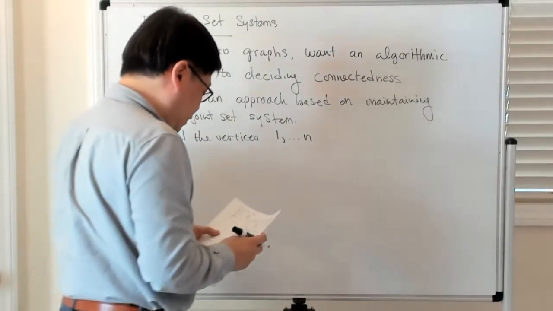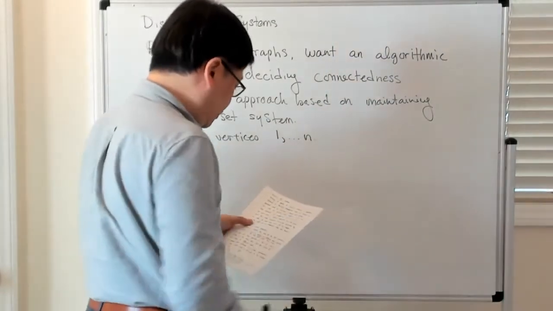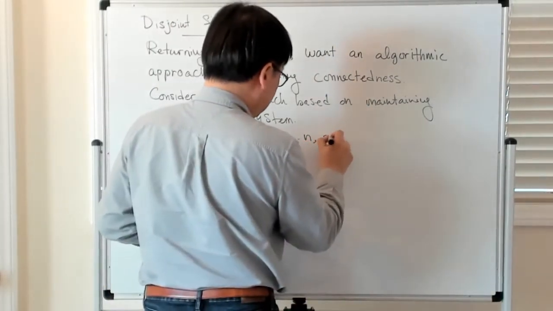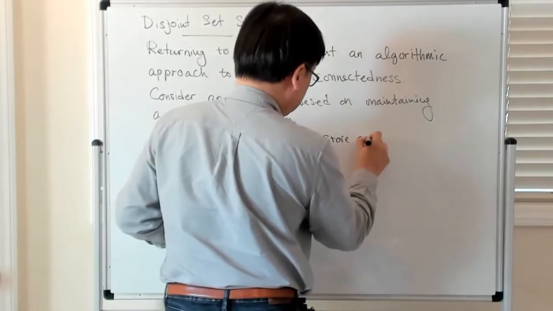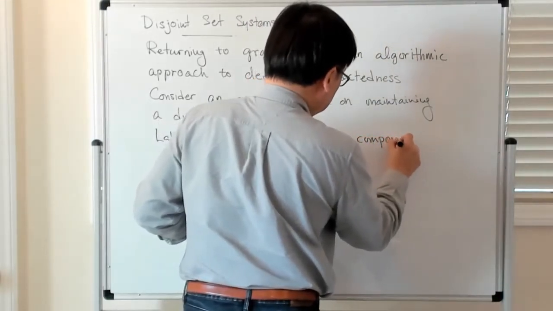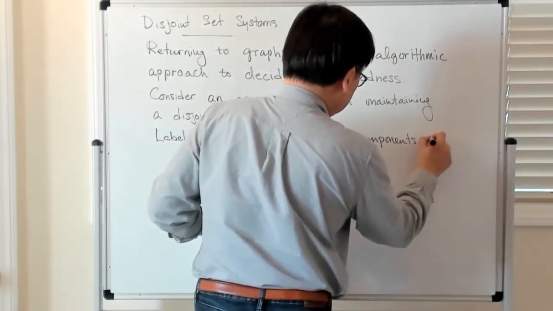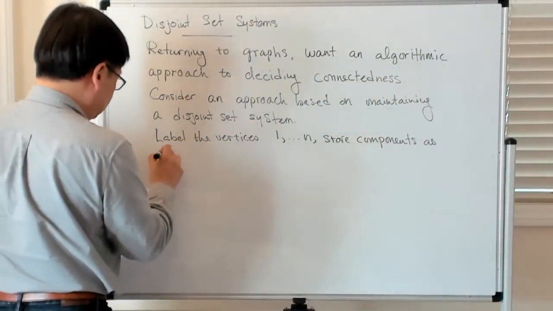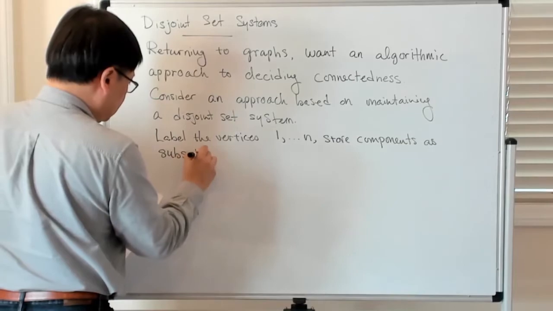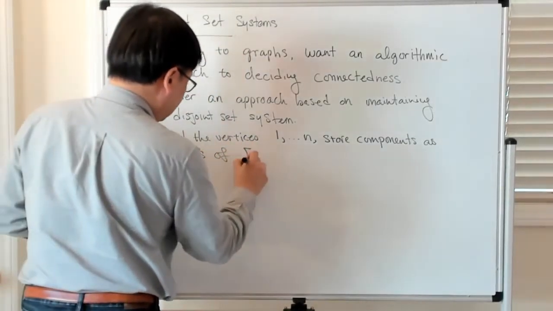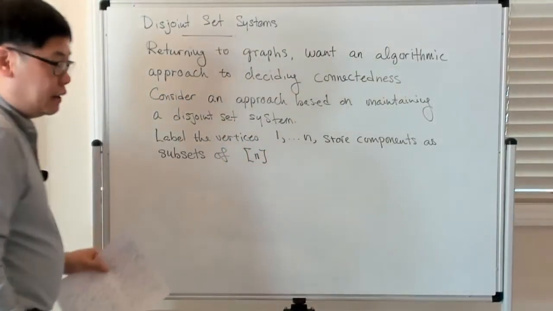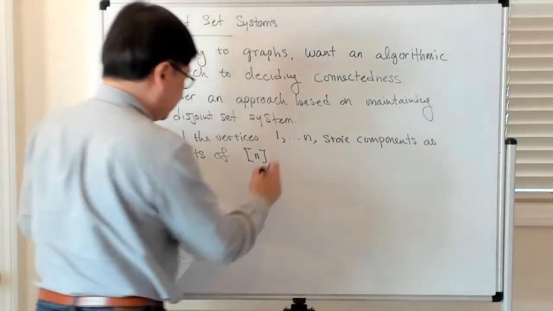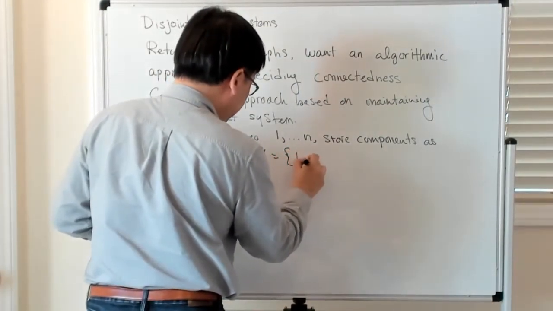set of numbers from 1 to n, right? And then we store components as subsets of this big set, which I denote by n in square brackets, which is just the set of integers from 1 to n.